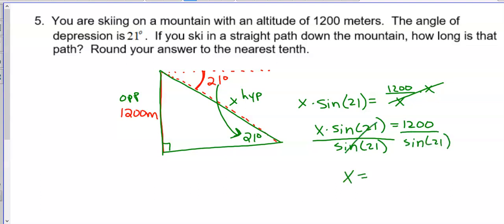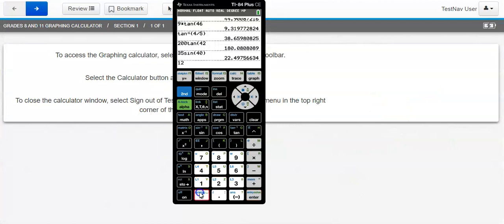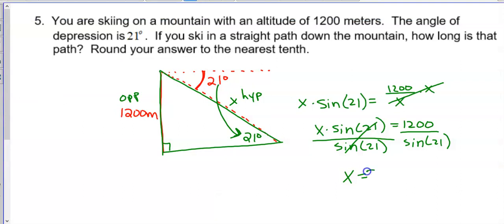You are typing in your calculator 1200 divided by the sine of 21. And you get 3348.5. And that is in meters, 3,348.5 meters.